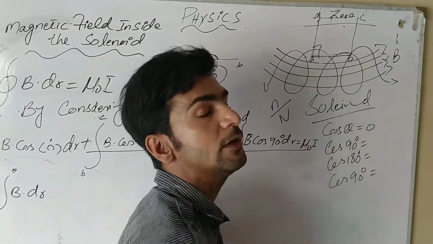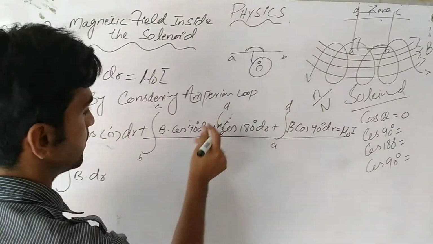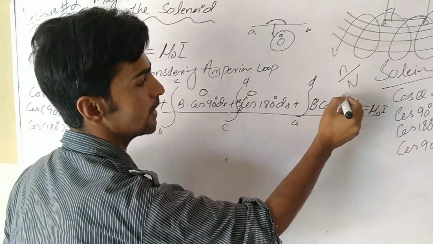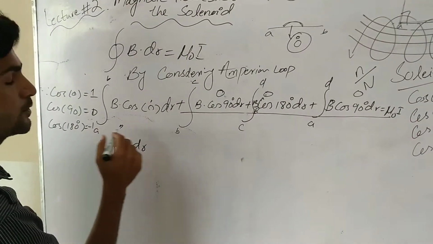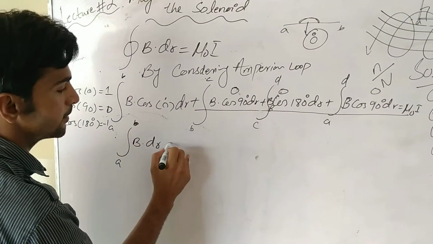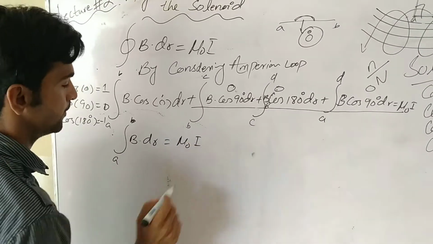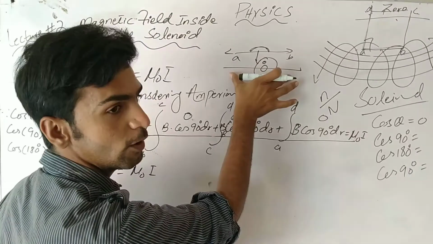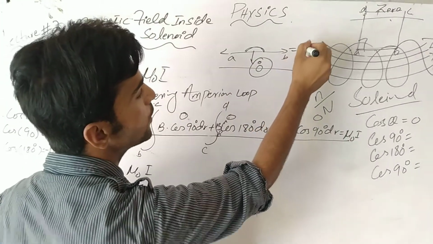Actually we are going to calculate the magnetic field inside the solenoid, so that's why this term goes to 0, this term also goes to 0, and this also goes to 0, because cos 90 degrees equals 0. So our remaining term is only this, that is equal to mu naught I. I already told you that here I take this small loop of length AB, this is equal to h.